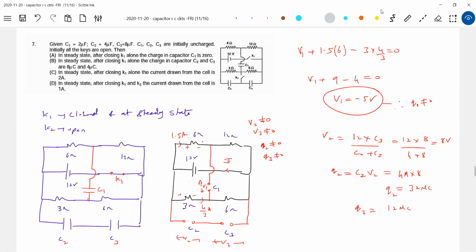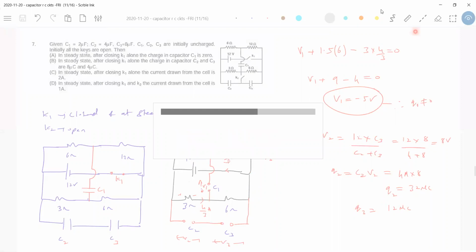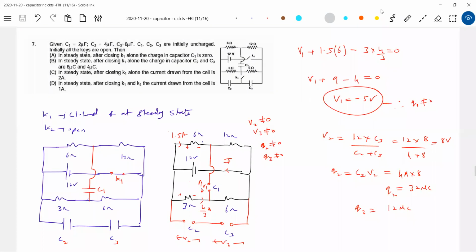What are the conclusions we can make in steady state after closing K1 alone, the charge in capacitor C1 is 0? For C2, C3, we are getting different values, 8 and 4. Check calculation. I think the current is right.